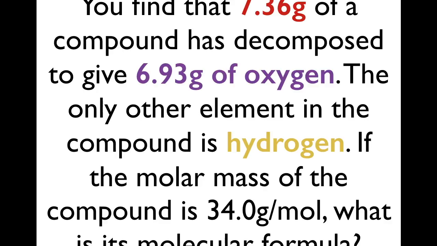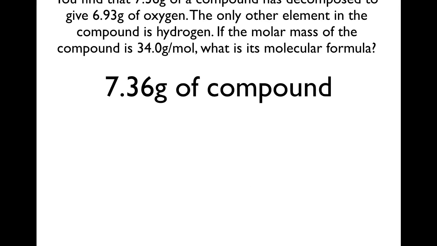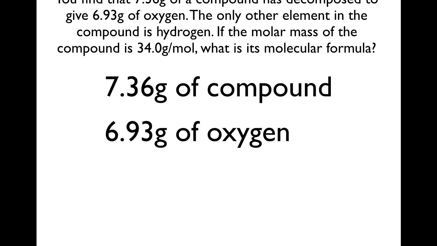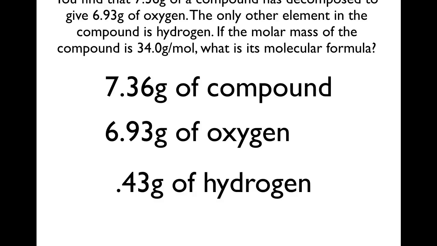Since you have the whole mass of the compound and a part mass, you should be able to find the mass of hydrogen. How do I do that? I have 7.36 grams of the compound, 6.93 grams of which is oxygen. So if I just subtract the two, I get the mass of my hydrogen, which in this case is 0.43 grams of hydrogen.